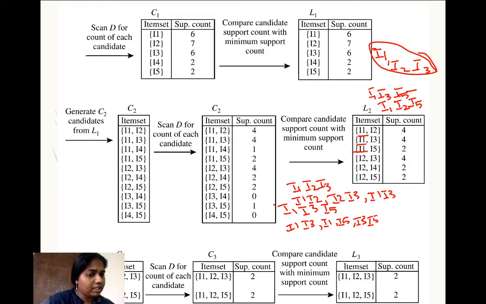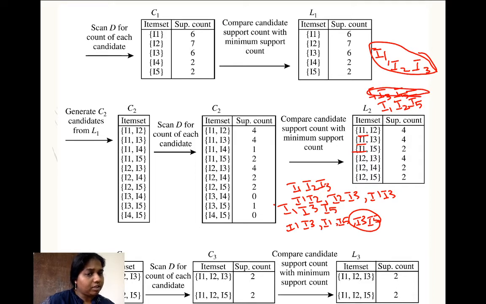Are all of these available in L2? Check. I3, I5 is not available in L2. Therefore, this particular combination cannot be a part of C3.